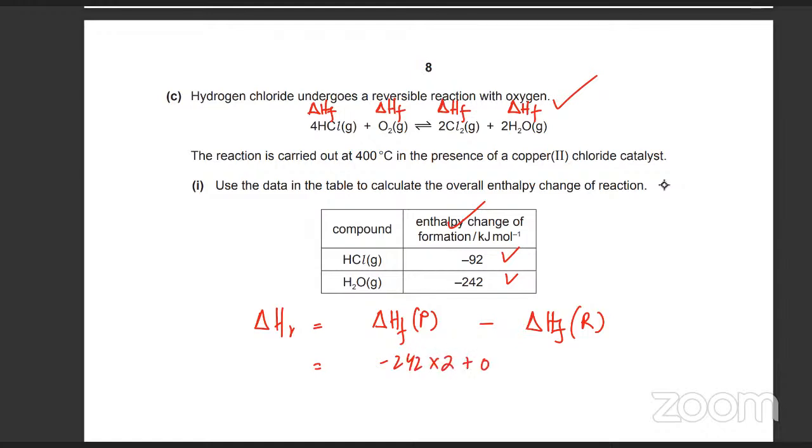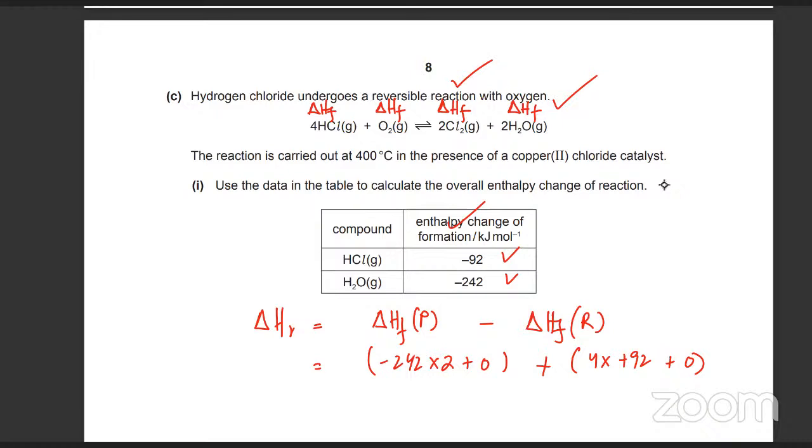The other product is 0. And you're going to minus the reactants, which are 4 HCls. So that's 4 multiplied by minus 92. And the other one is 0. So the minus sign will get eventually cancelled out, and you're just going to solve for that, and you'll get the answer.